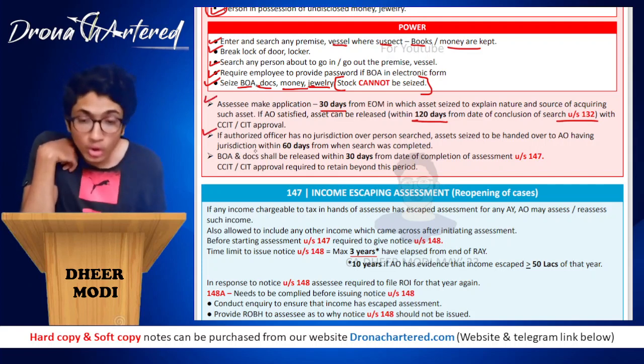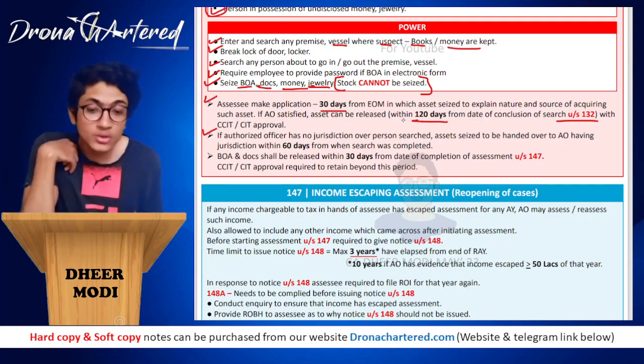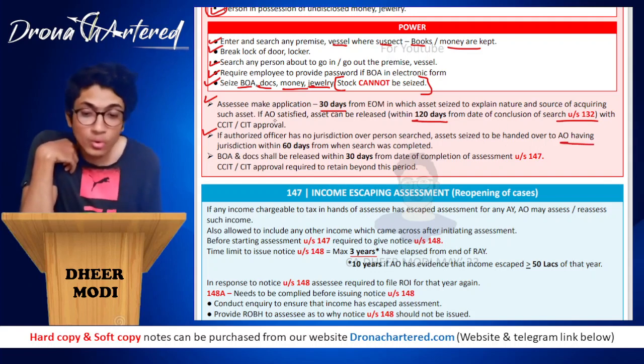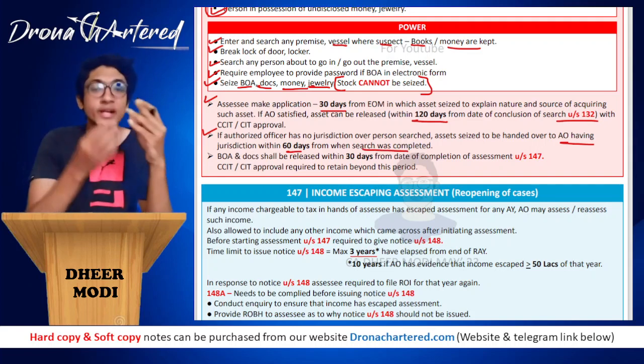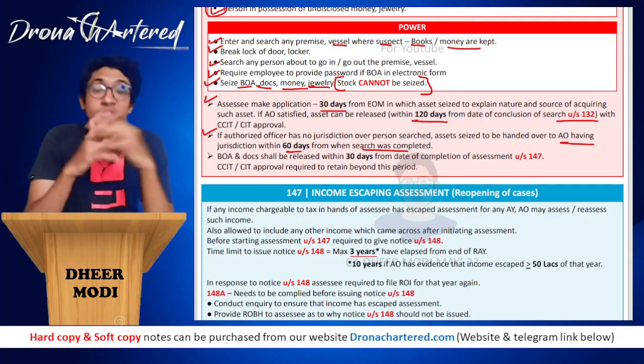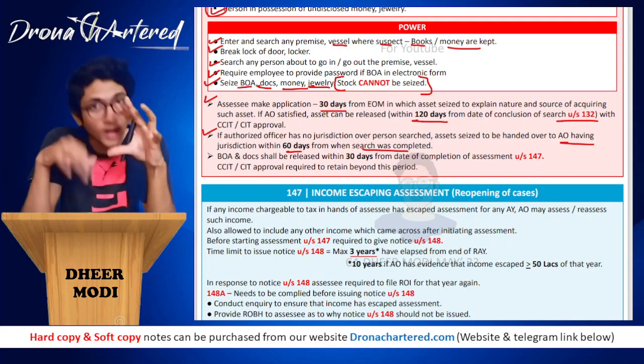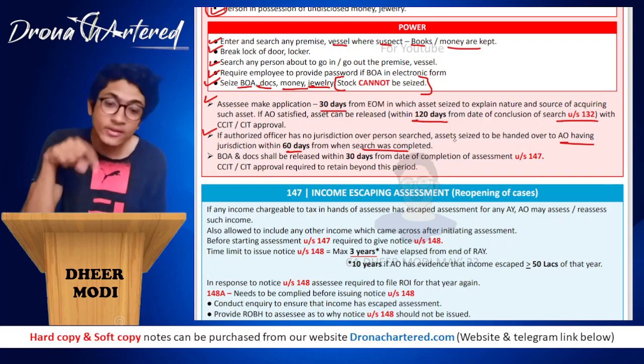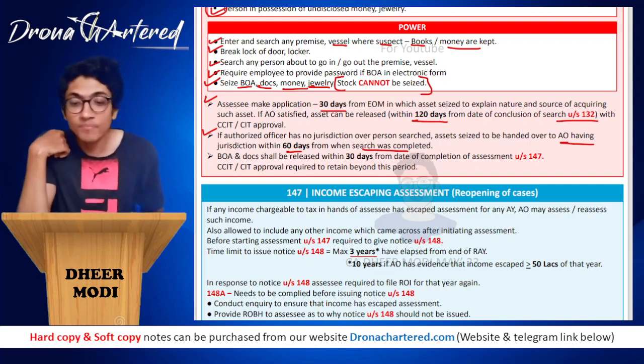Next, if the authorized officer has no jurisdiction over the person searched, the asset seized is to be handed over to the AO having jurisdiction within 30 days from when the search was completed. That means if the assessing officer did not have jurisdiction, he will still do it. However, these assets shall be handed over to the AO who has jurisdiction within 60 days.